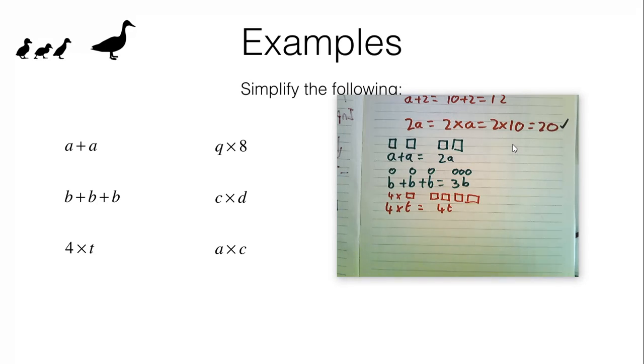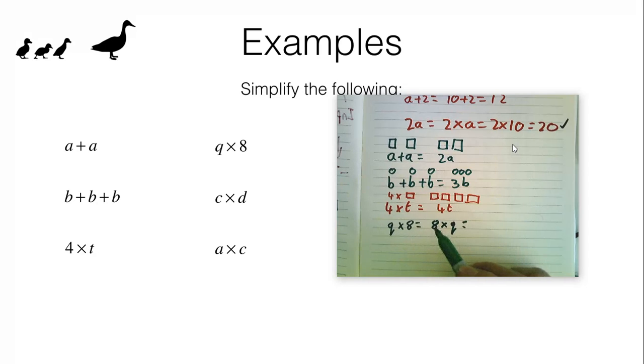Okay, let's do this next one. Let's do Q times 8. Q times 8, well, that's the same as 8 times Q. Okay, multiplication is commutative. By that I mean these two expressions are equivalent.